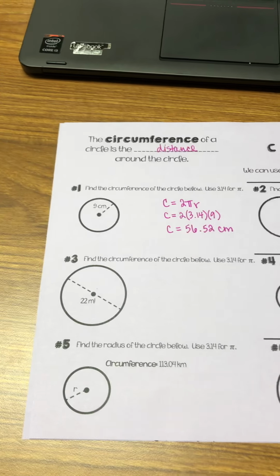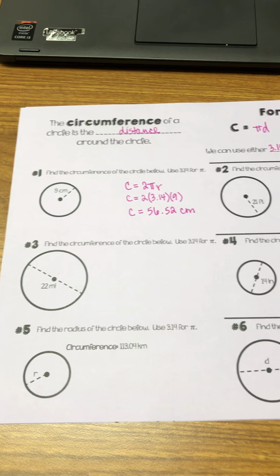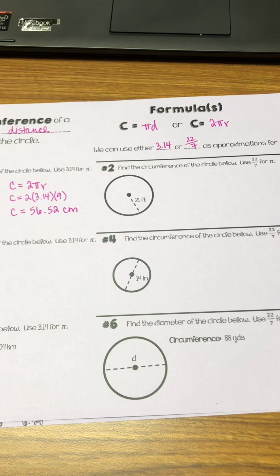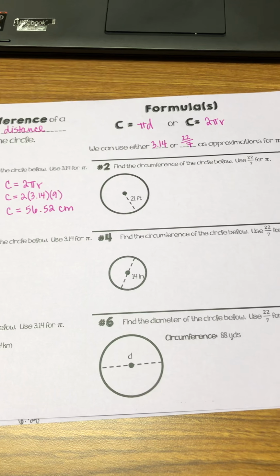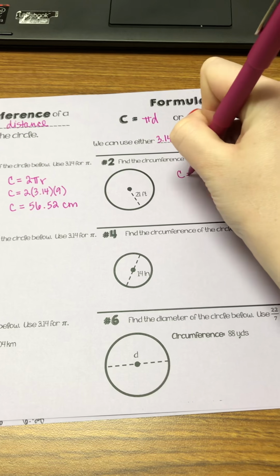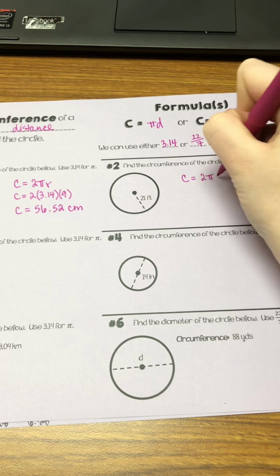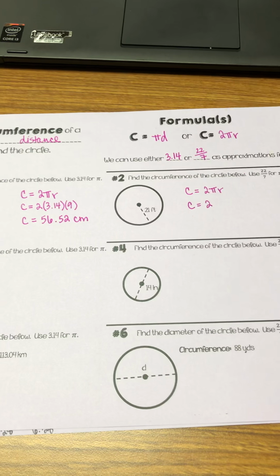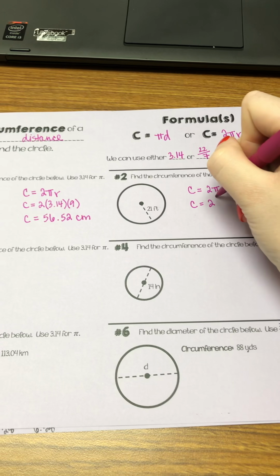Okay? All right. Number 2. Find the circumference of the circle below. Use 22/7 for pi. Again, they just gave me the radius, so I'm going to go ahead and use this formula, 2 pi r. And this time, I'm going to go ahead and substitute in 22/7.